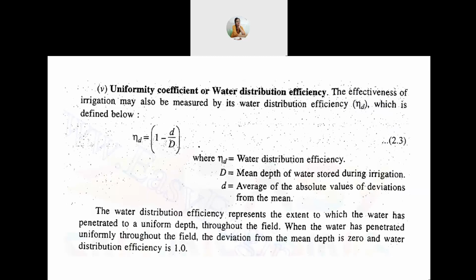Water distribution efficiency is equal to 1 minus the average of the absolute values of deviations from the mean, divided by the mean depth of water stored during irrigation. The water distribution efficiency represents the extent to which the water has penetrated to a uniform depth throughout the field. So when the water has penetrated uniformly throughout the field, the deviation from the mean depth is 0 and water distribution efficiency is 1.0.